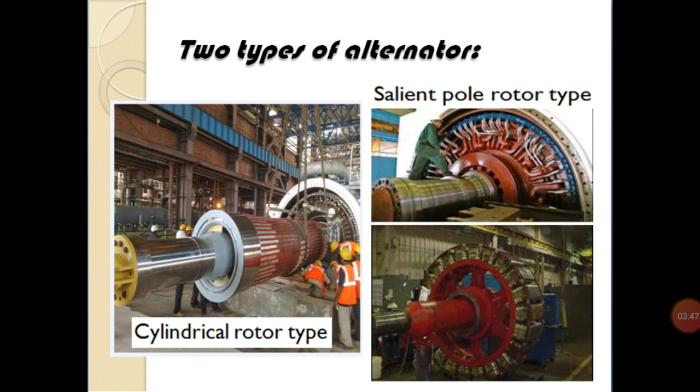In the cylindrical rotor type, the rotor is of cylindrical shape. The second is the salient pole rotor type. In this, the poles are projecting outwards and they also carry field windings.